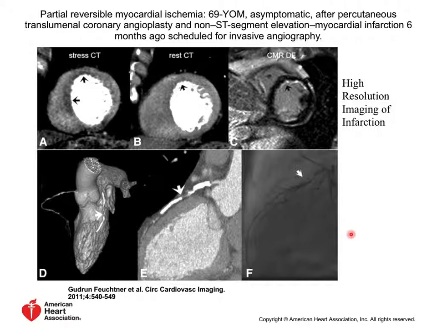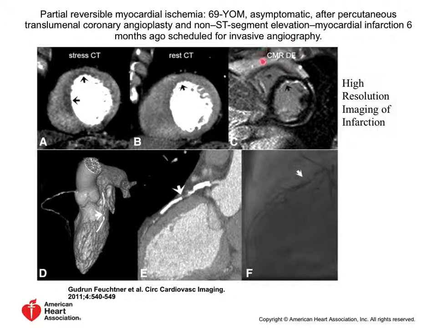So the real value of this is the fact that you can make super high resolution pictures of infarcts. So in this patient, you can see, oh, it looks like under stress there might be a reduction in flow. How is this person's myocardium doing? You don't really know from these perfusion pictures.